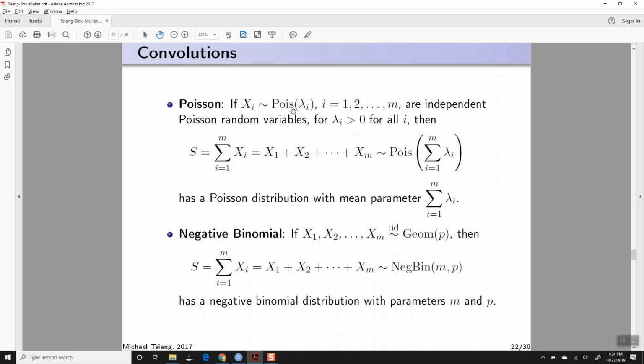So if x is Poisson with rate parameter lambda, and they're all independent Poisson random variables, then you can add up these things, and you'll have a Poisson distribution where the mean is the sum of the lambdas. So when do we use the Poisson distribution?